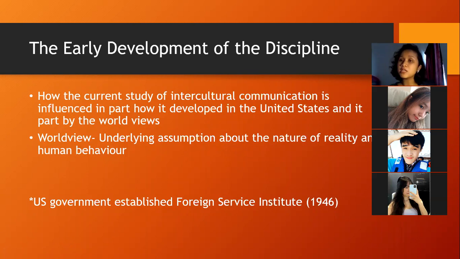So from time to time, intercultural communication evolves, and many people study it in different disciplines. It is influenced by what the scholars think intercultural communication is about. Okay, any questions so far? Are we good?